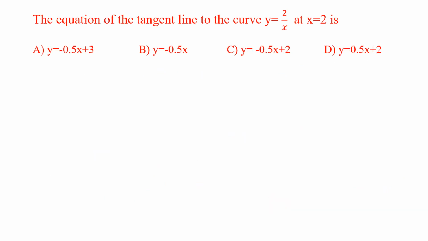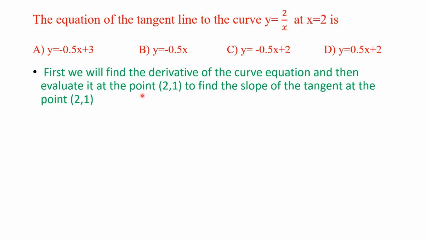Let's get to the next problem. The equation of the tangent line to the curve y equal to 2 divided by x at x equal to 2 is, and we have to find that among these options. So we have 4 options, and we have to identify the correct answer. First, we will find the derivative of the curve equation and then evaluate it at the point 2, 1.